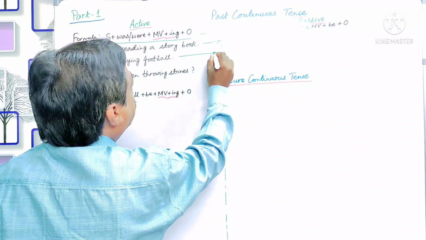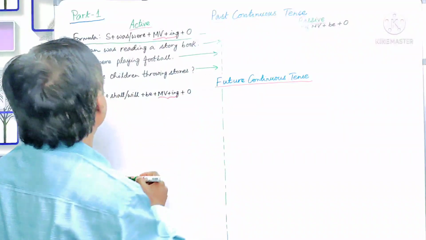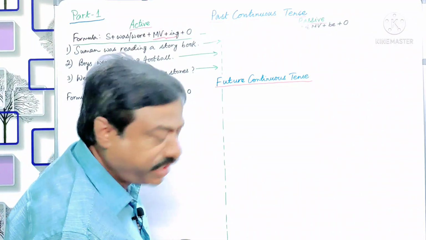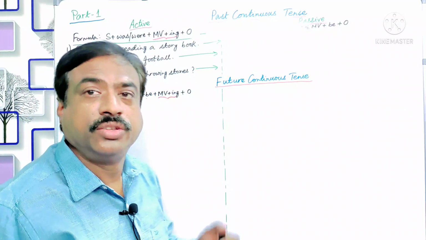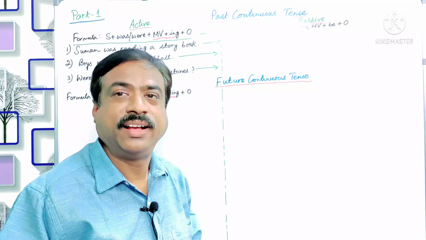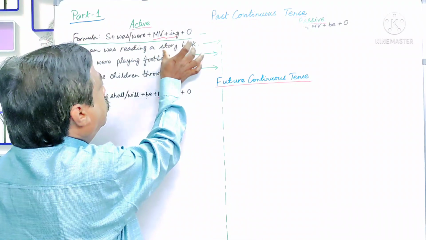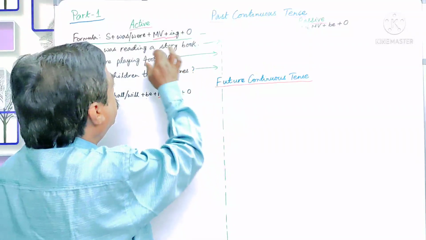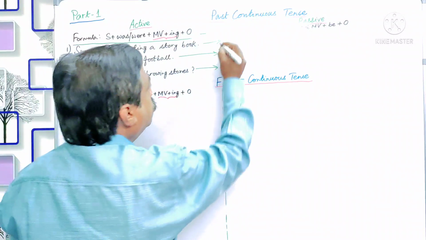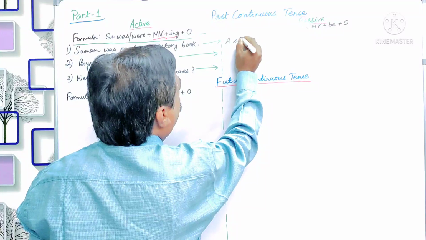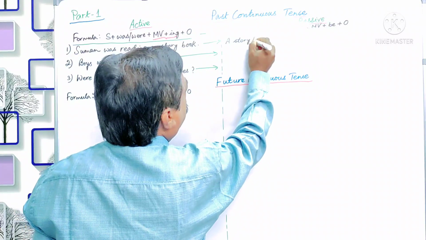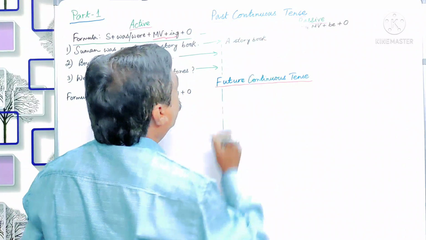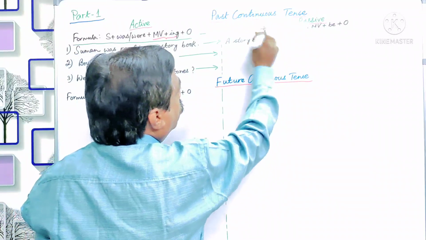Okay, now I start with the first example. The first example is Suman was reading a storybook. So storybook is the object here, that will become the subject here, and the article a is there. So you have to start with a storybook, and now you look at the formula.